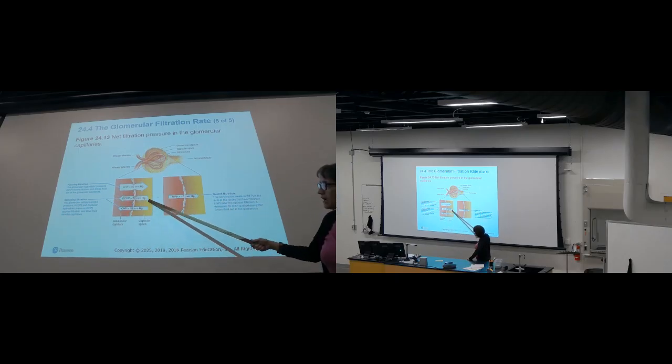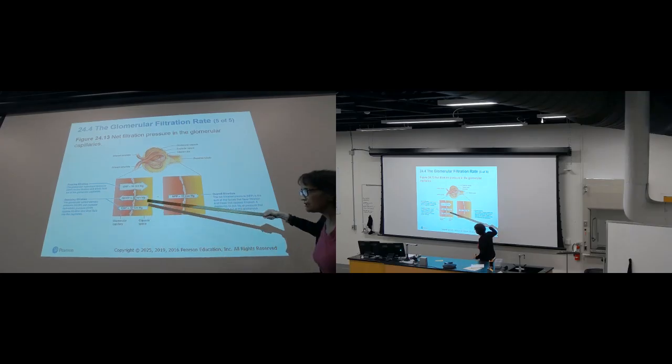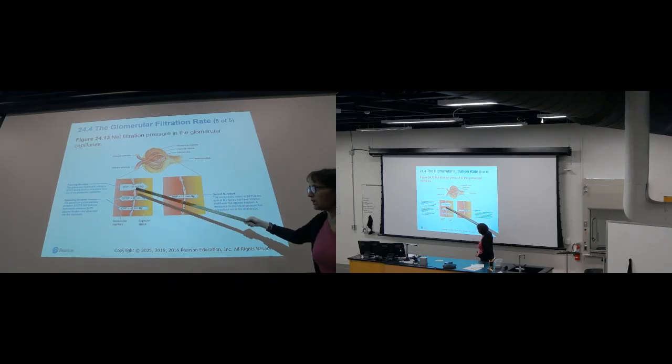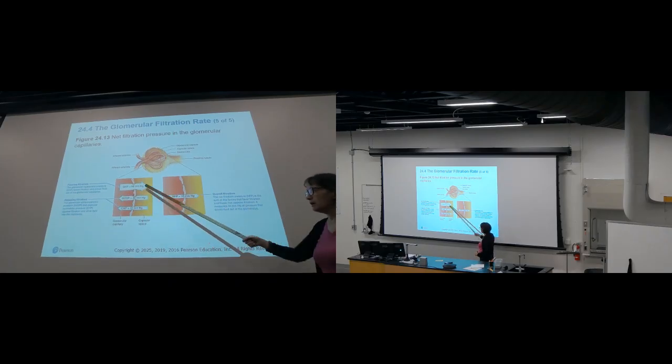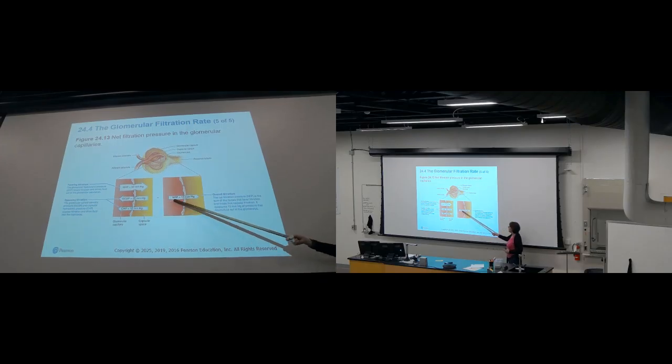And then you have your capsule fluid, which is creating a pressure of 10 millimeters of mercury. So this is capsular hydrostatic pressure. So two forces pull fluid into the capillary, while one forces the fluid outside of the capillary. Since 50 minus 30 minus 10 gives you 10, you have more force towards the capsular space than towards the glomerulus, and thus you're supposed to have filtration.